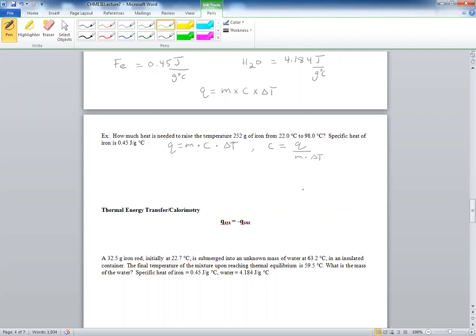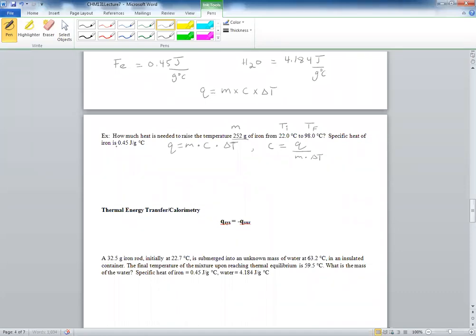So let's look at this question. It says you're given how much energy or how much heat is needed to raise the temperature of 252 grams. So you know that that's going to be the mass, that's M. From 22 degrees Celsius to 98, you know this is going to be T initial, and this is going to be T final.